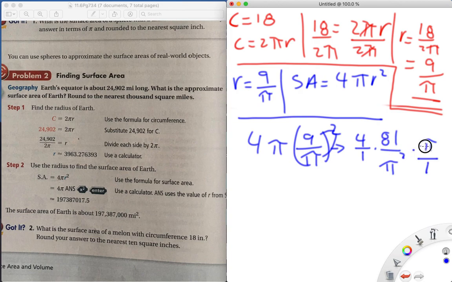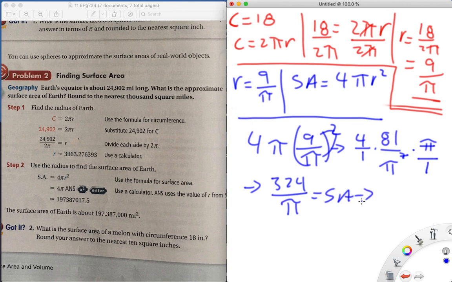So this pi and one of the extra pi's down here cancels out. And then I have 4 times 81, which is 324. So then I get 324 over pi. That's our surface area, and they want this to the nearest 10 square meters.